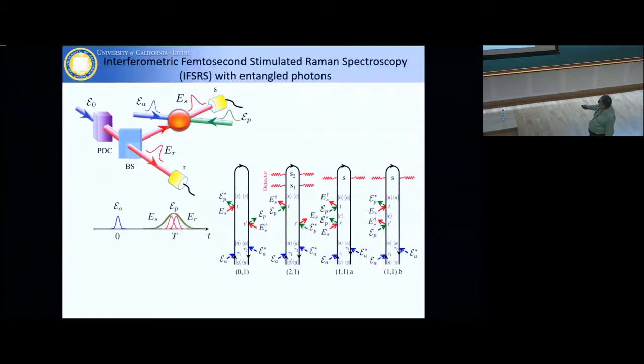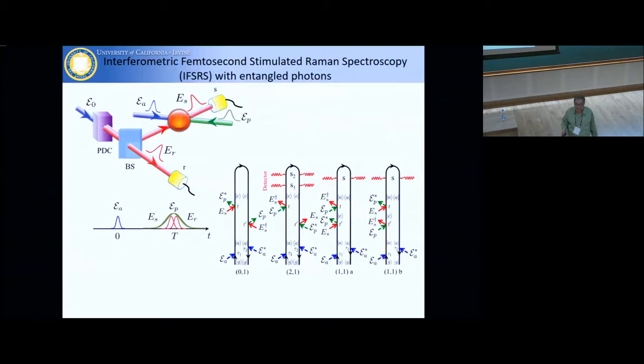This diagram represents a process where I see 0 photon here and I see 1 photon in the reference. This is my excitation, and I absorb the S photon, and then I get 0 photon here. Here I emit the photon, and then I get 2, 1, which means I get 2 photons here and 1 photon here. And then I can absorb and emit, and then I get 1, 1. So these are the different outcomes.